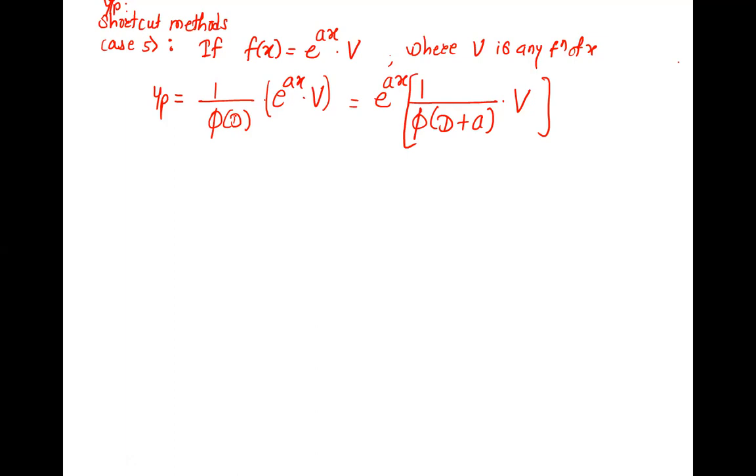We do two things together: e is out and its power is added to d also. Two things we have to remember. Don't just remember e is out. As e is out, d is getting replaced by d plus a. This is the case. And the next part you know: after applying this, if it becomes 0, then there is no need to write it now, you know all that. Solve.